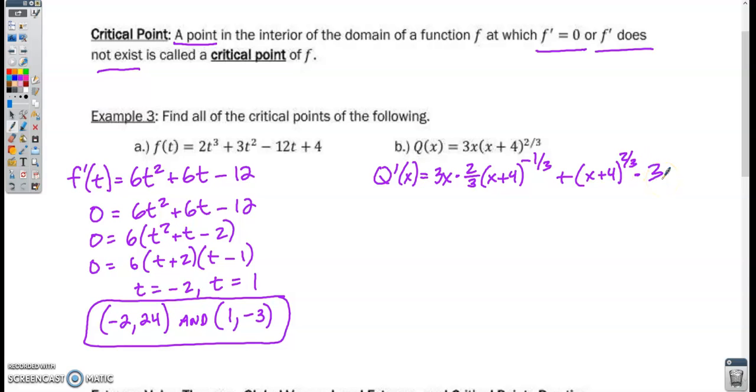Now myself personally, I'm going to shift this into one single fraction because it's going to be so much easier for us to find the critical points if we set it up as a single fraction.